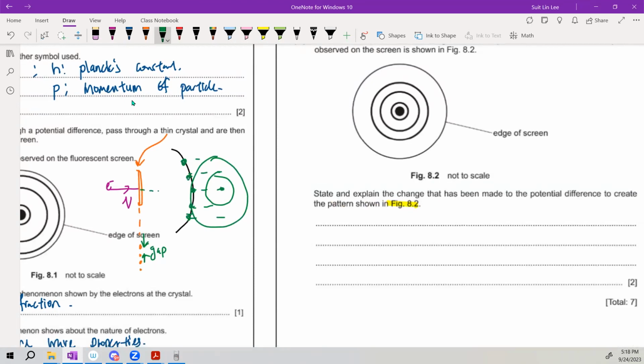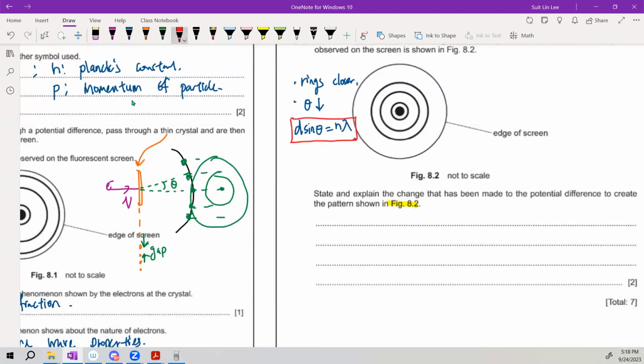The rings actually depend on this angle theta. If the rings are closer together, this means my theta decreases. The theta decrease is in d sine theta equals n lambda. I know this is an AS equation, but diffraction still uses this equation.